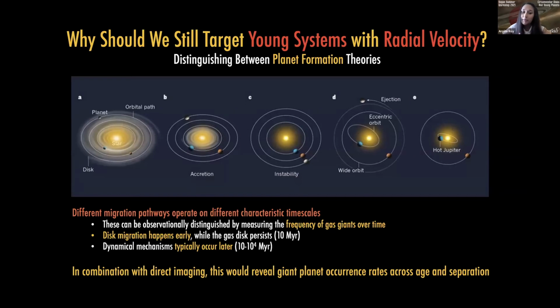And so if you were able to observe these young systems and see them before and after migration, you might be able to constrain which migration timescales are favored and which migration mechanisms are therefore more robust. And so in combination with direct imaging, this would help us see these exosolar systems better in terms of separation from the host star, so you could see planets both close in and farther out, and over time.